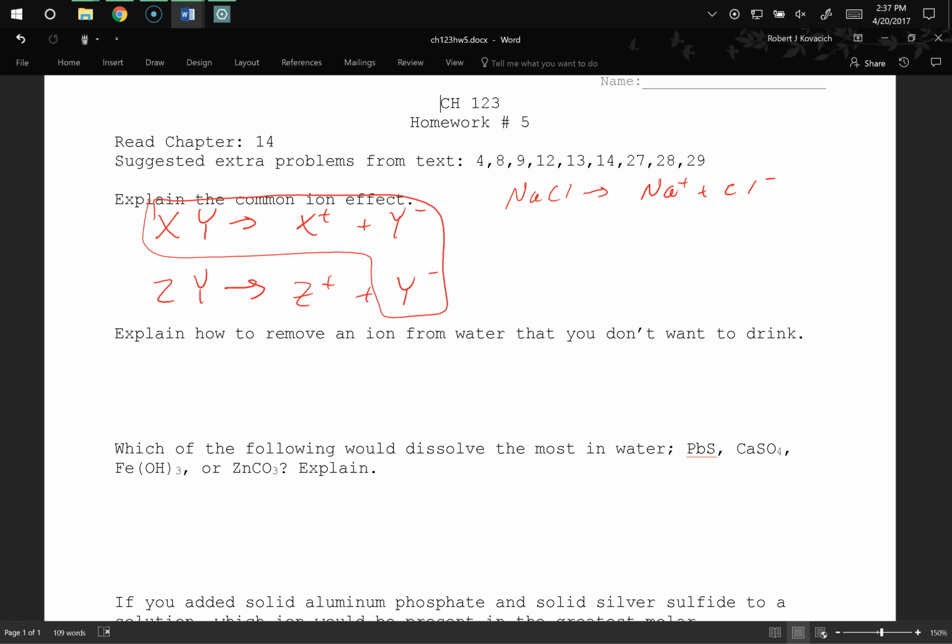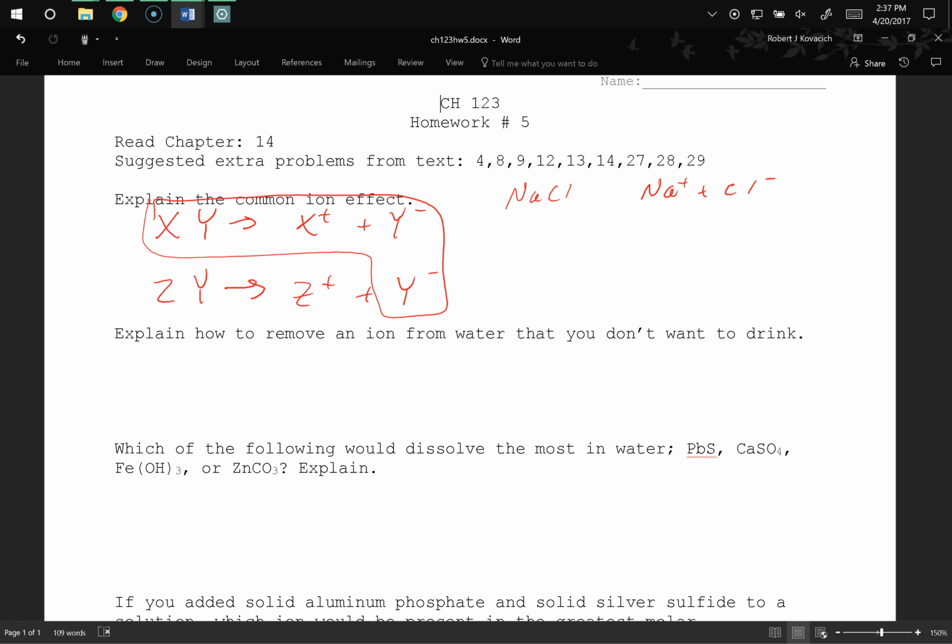Let's say for some reason I needed to get the chlorides out. Is there something I could do with that? Well, this is a sort of a little equilibrium here, right?